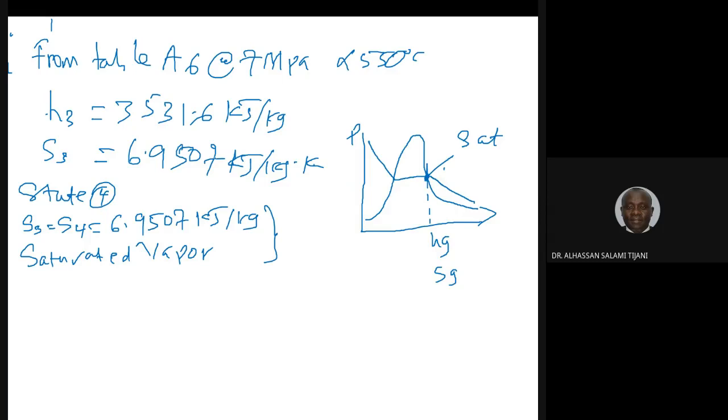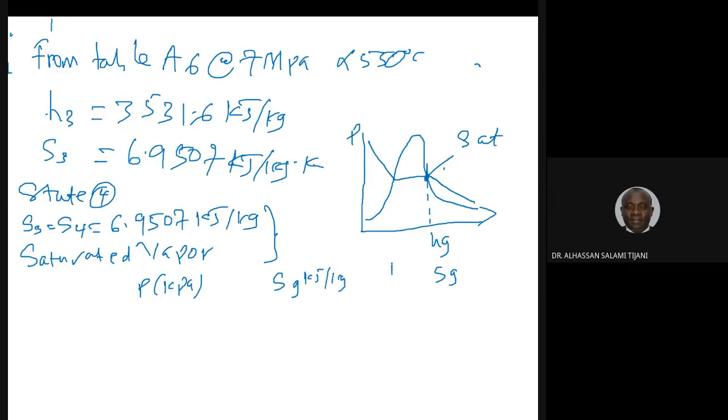2728.6. So by relying on interpolation, we will have, let's say, P in kilopascal, and then Sg in kilojoules per kilogram.